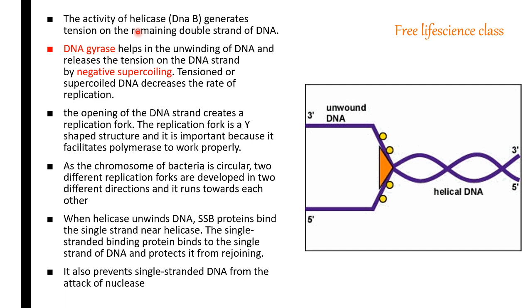Okay. So the next process is the activity of helicase. This is the helicase enzyme. What does helicase do? They unwind the DNA helix. These yellow proteins are known as single-stranded binding proteins.